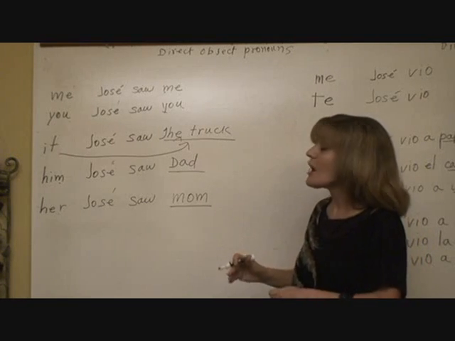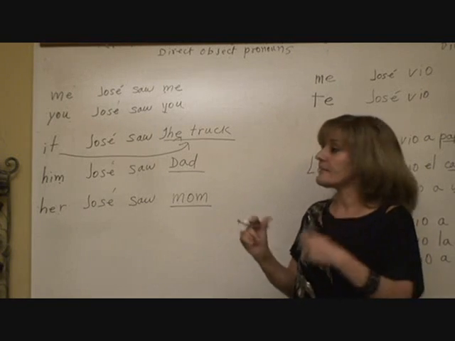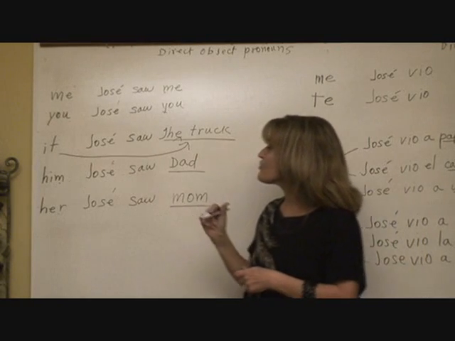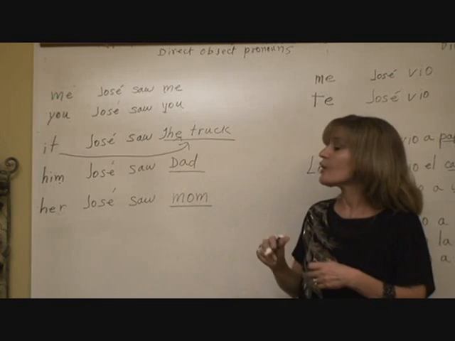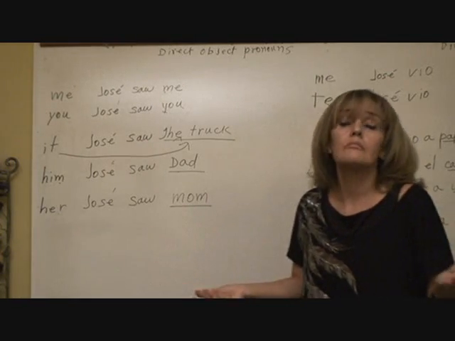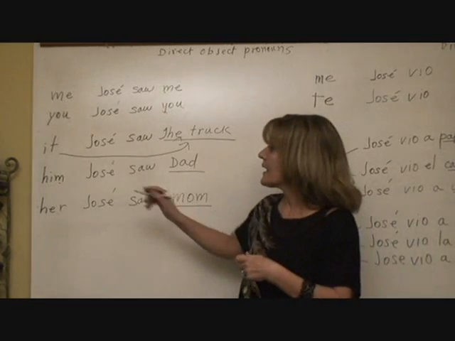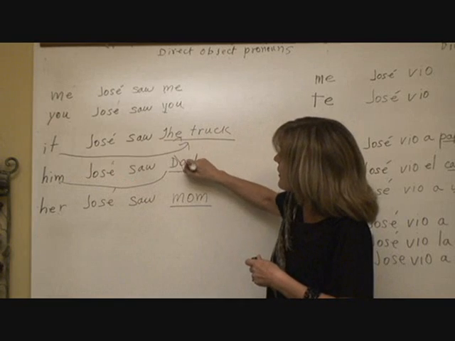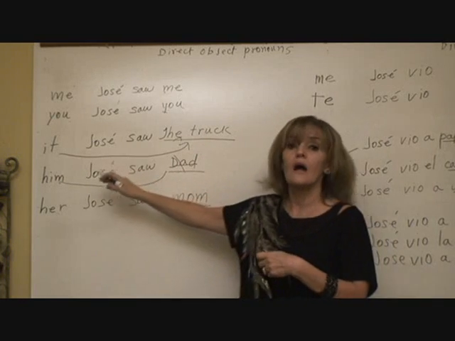We could simply say, Jose saw it. Him is the next one. For instance, my sentence here, Jose saw dad. Jose saw whom? Jose saw dad. Him can replace dad. Okay? Jose saw dad. Jose saw him.